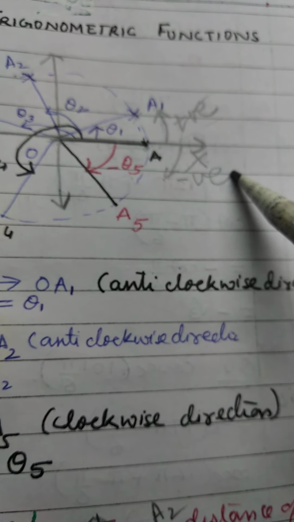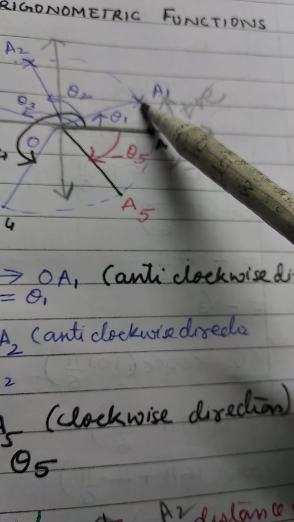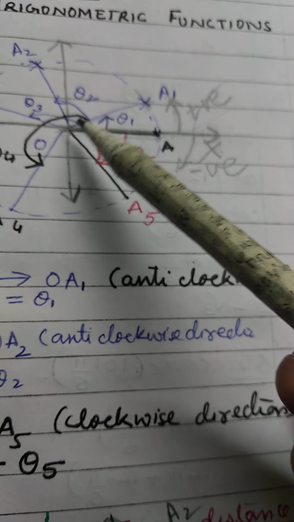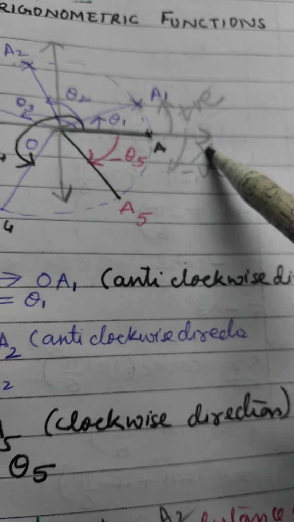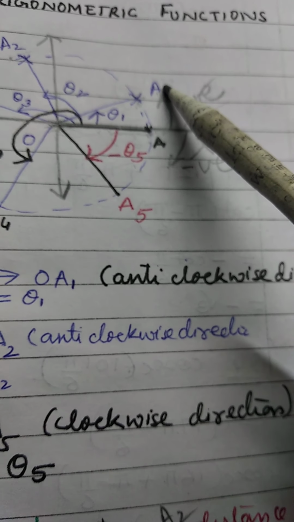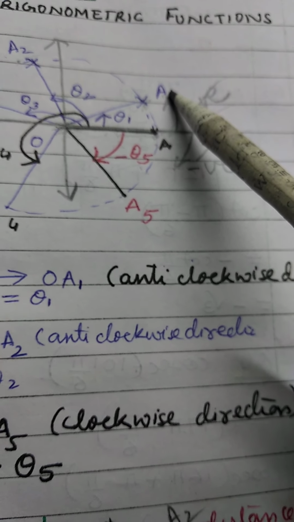So the angle described or explained is the angle between the terminal position of this rotating line OA about the initial axis OX in the positive direction, that is anti-clockwise direction.